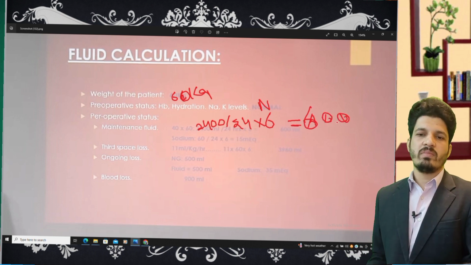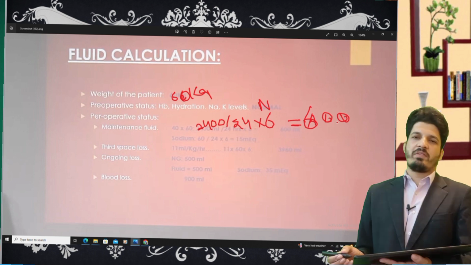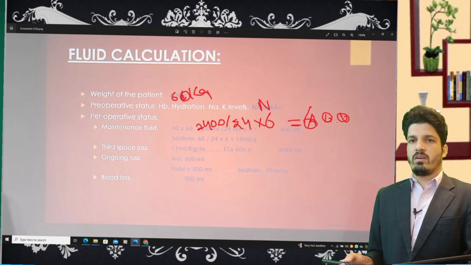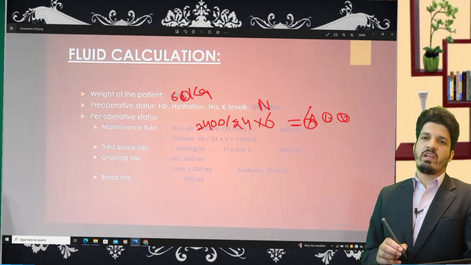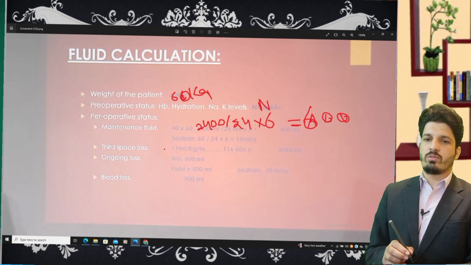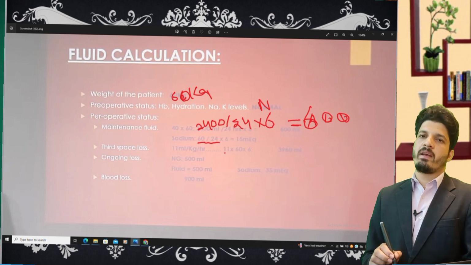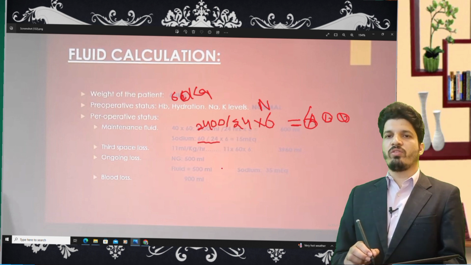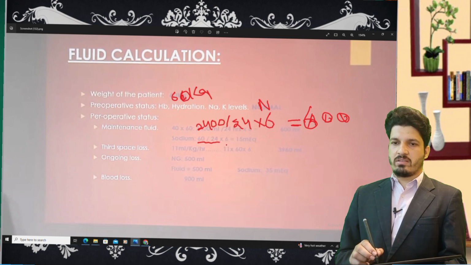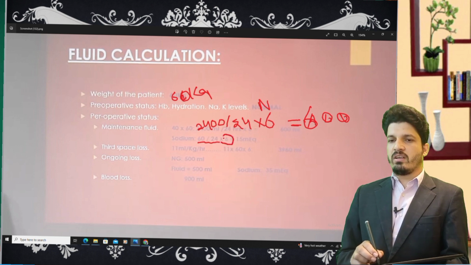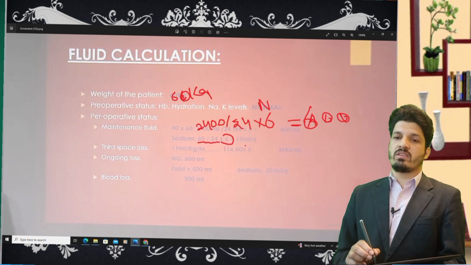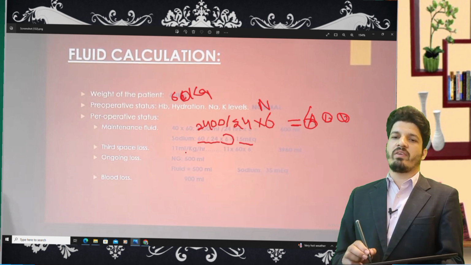Okay, and the sodium, definitely 1 milliequivalent per kg. So in a 60 kg patient, its value will be 60 divided by 24 for 1 hour, and we will multiply it by 6 to calculate the sodium to be given in 6 hours, that's 15 milliequivalent.